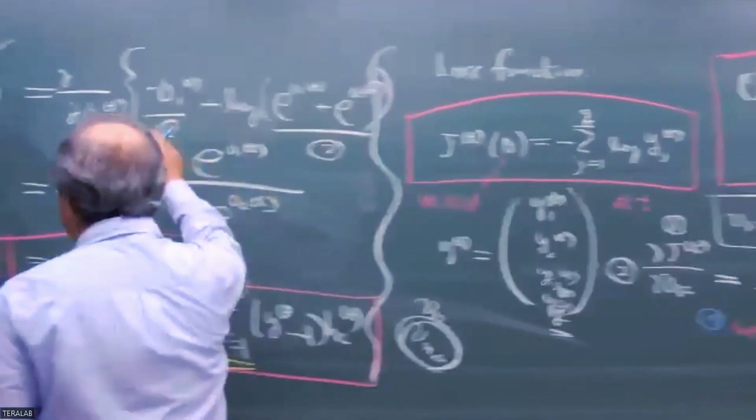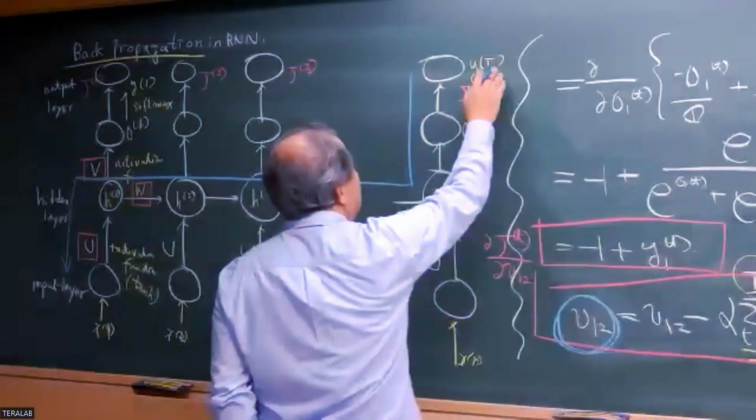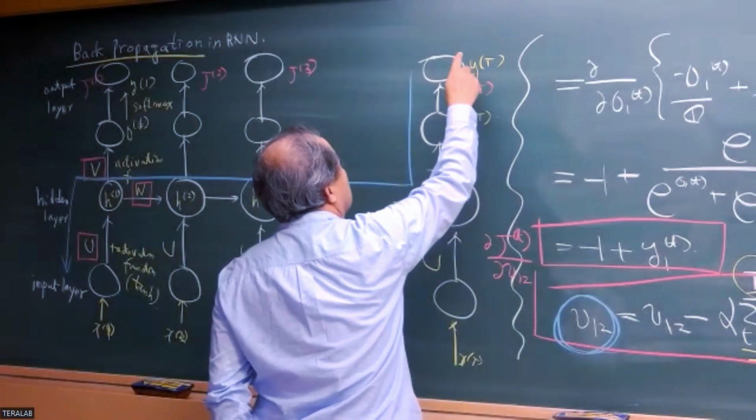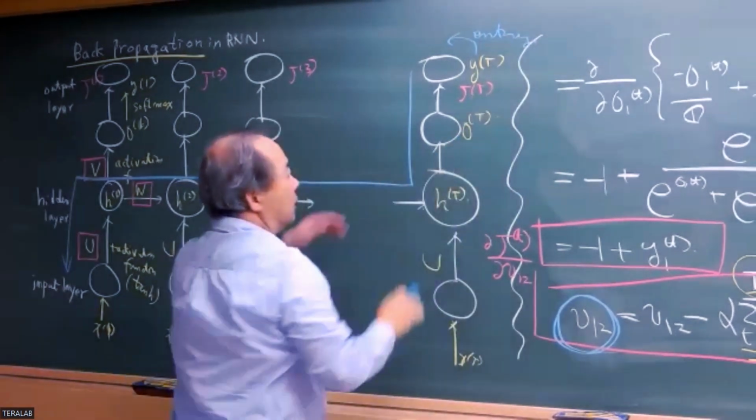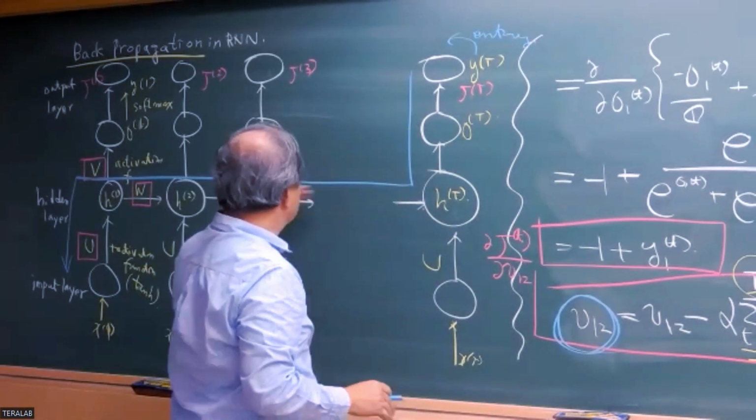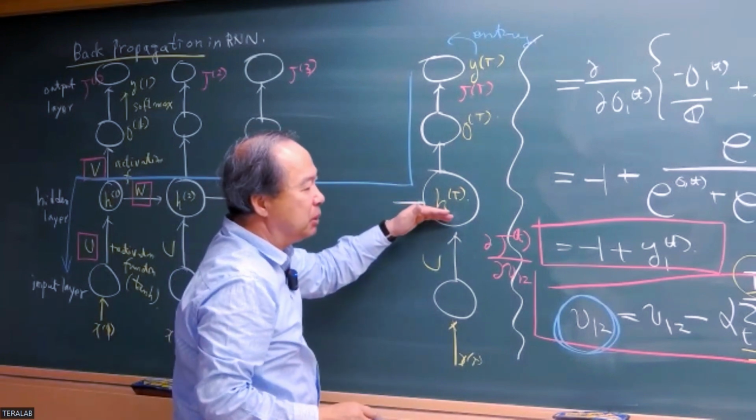But we have to continue that process from the final step, time t. We're going to have entropy, and we're going to have a softmax function, and between them we have the activation, tangent hyperbolic function.